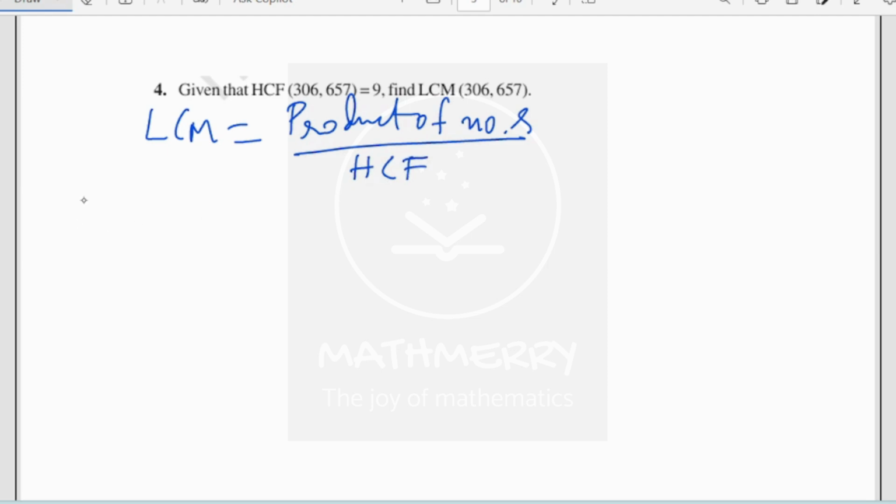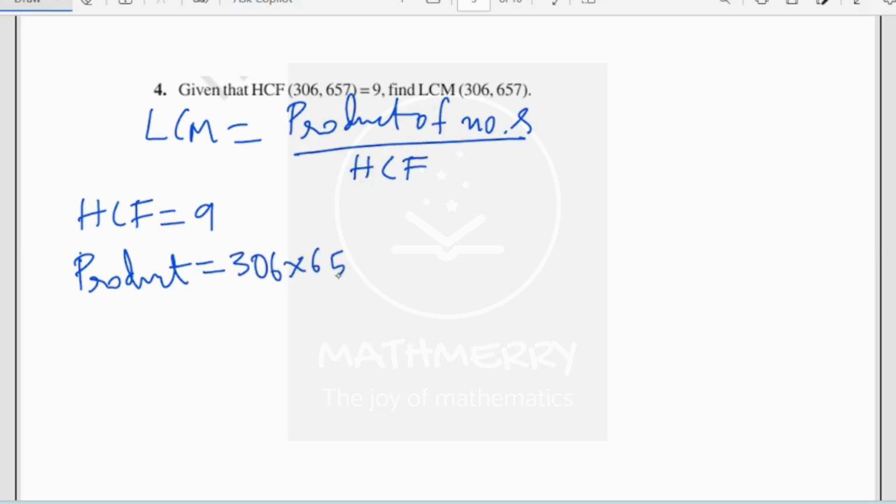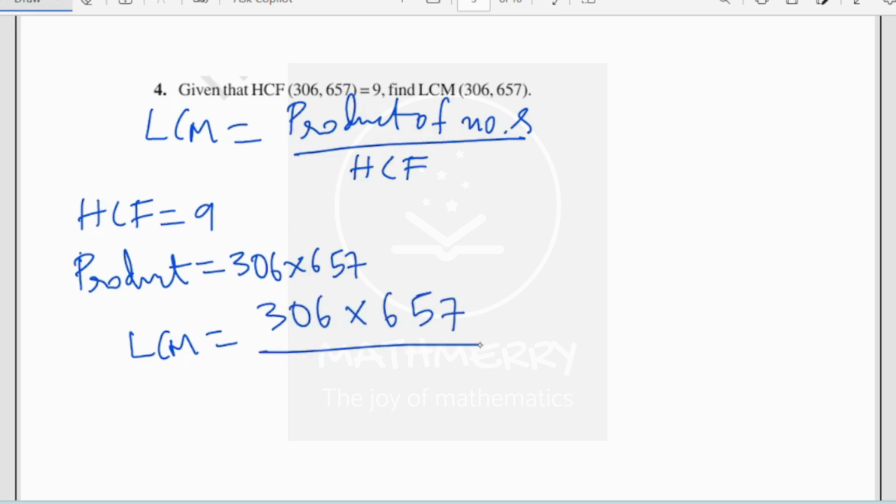Here HCF is given, it's 9. Now we have to find the product of the numbers. The numbers are 306 and 657. So we can directly apply it in the equation: the product of the numbers 306 into 657, the whole thing divided by HCF. HCF here is 9.